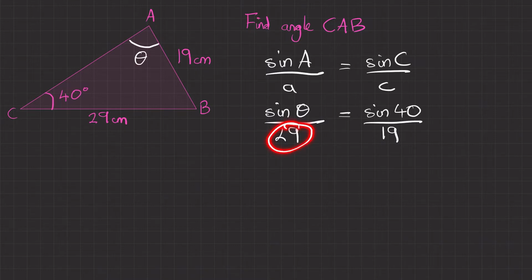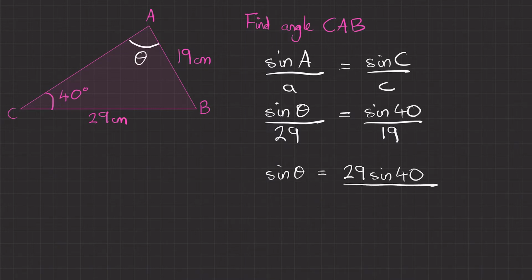We're almost at the point we can put it into our calculators, but not quite yet, because firstly, we want to get rid of this 29 from this side, so we need to multiply both sides by 29, so that will leave us with sine theta equals 29 multiplied by sine 40 all over 19. Next step's a little trickier, but we want to get theta on its own. We want to get rid of this sine. So in order to do that, we need to do the inverse function of sine to both sides.